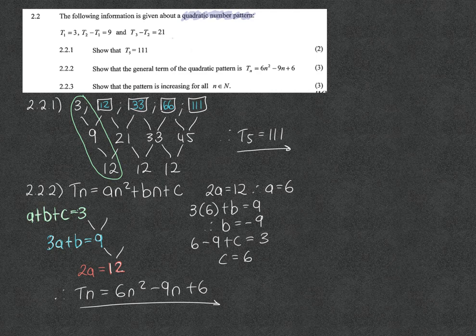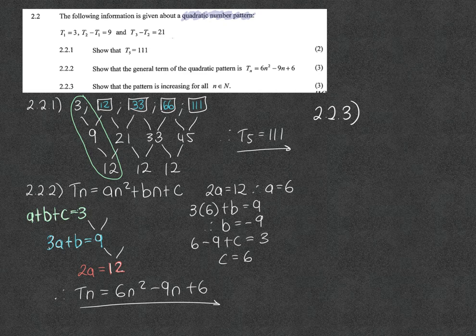So in order for us to figure this out, this is what they want us to show, that the pattern is increasing for all values of natural numbers. Let's figure out where the turning point of this parabola quadratic function is. We would do that by working out the x value, or in this case, the n value, because it is an equation of t of n in terms of n: the value of the pattern, and the position of the pattern.